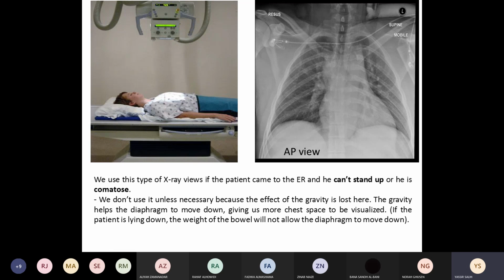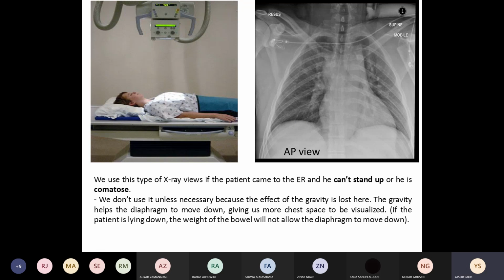Why? Because you can see the heart is magnified. So this is the first problem of the AP film. The heart is apparently enlarged, and also the mediastinum, and you can also see the diaphragm is higher. That means when the patient is supine, it is difficult to take full inspiration, so the lung is not inflated with air and the diaphragm may be higher.